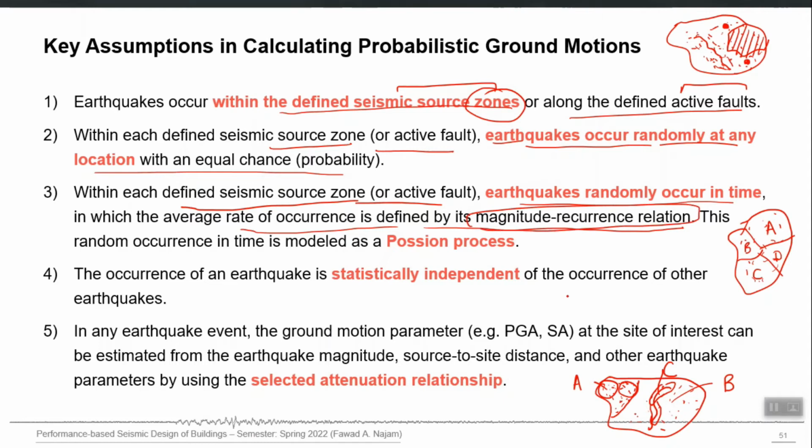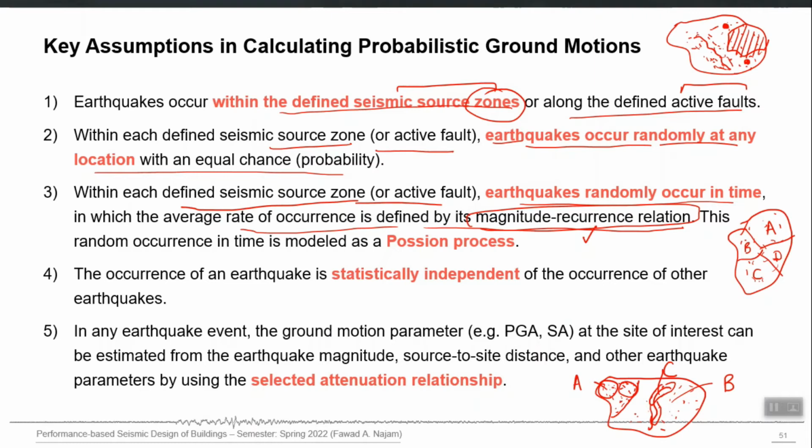This is a relation which tells us how active or less active a source is, right? If a source is producing earthquakes more frequently, it is more active, and if it is producing less frequently, it is less active. So the activity rate of any source is quantified by this relation, the magnitude recurrence relationship, and as the name indicates, it is a graph between the magnitude which that source can produce and recurrence, how frequently that magnitude is produced by that source.